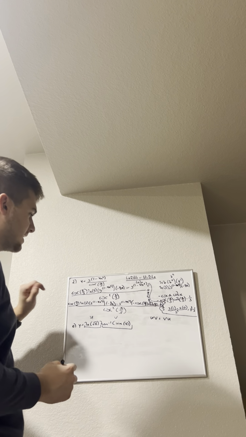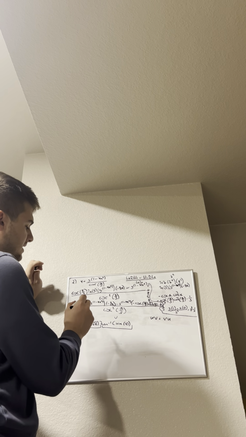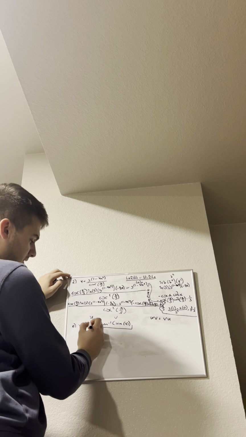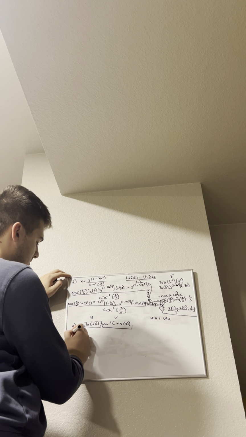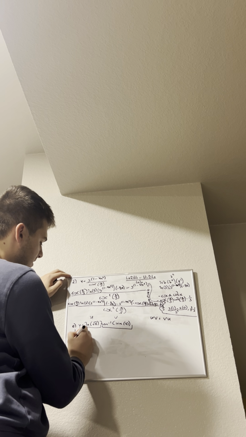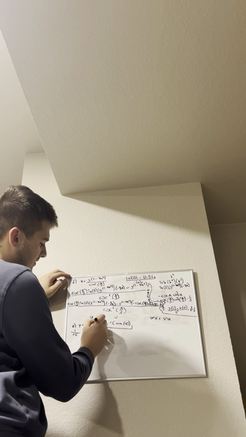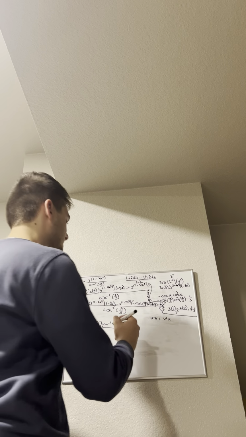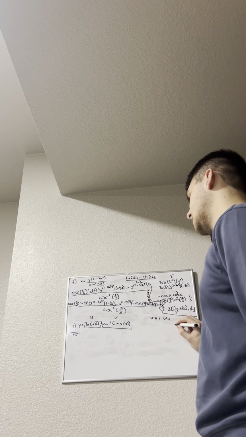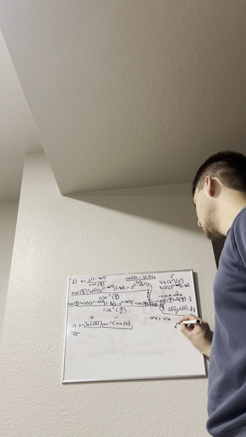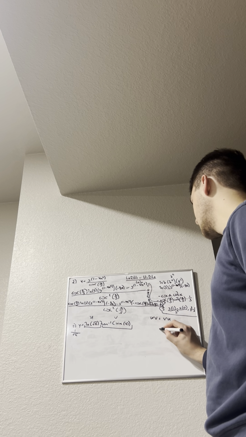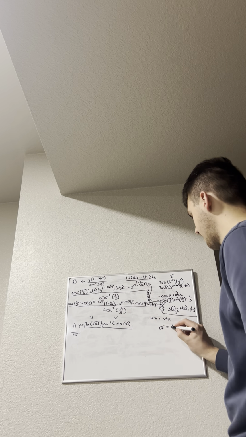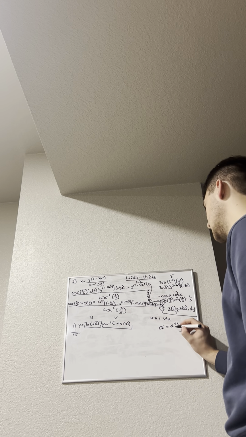So in this case, to find u prime, the derivative of ln of square root of x, this would be 1 over square root of x times the derivative of the inside. The derivative of square root of x we can do over here real quick. As I mentioned in previous videos, I like to rewrite square root of x as x to the power 1/2, and then use the power rule.